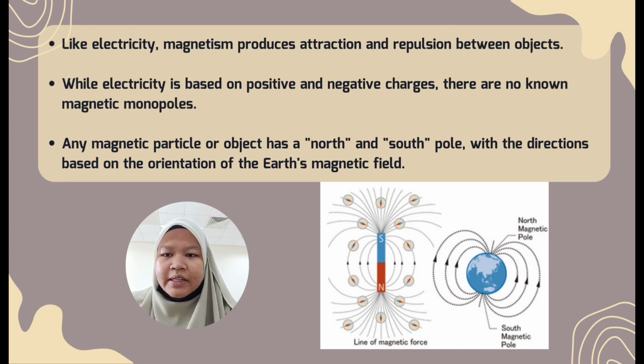Any magnetic particle or object has a north and south pole, with the direction based on the orientation of the Earth's magnetic field. Like poles of a magnet repel each other. As an example, north repels north, while opposite poles attract one another. North and south attract.